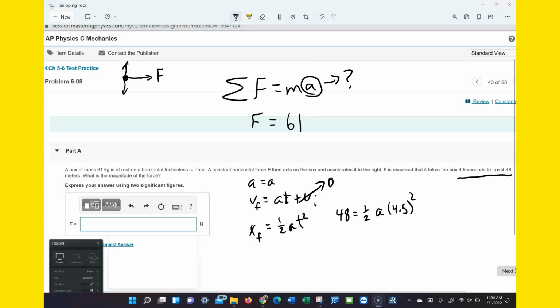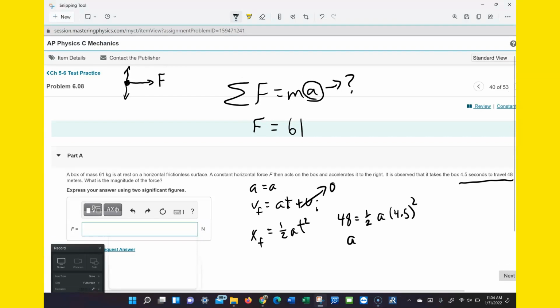All right, in my calculator, I got a to be 4.74.